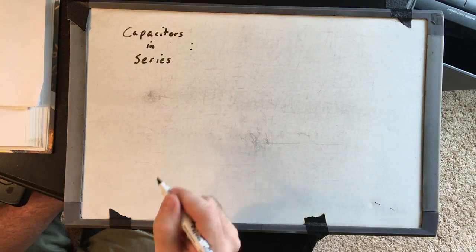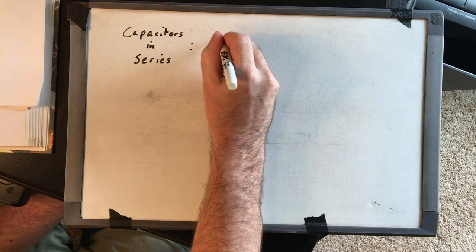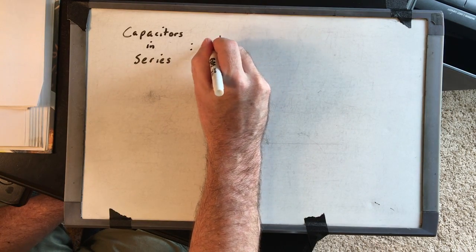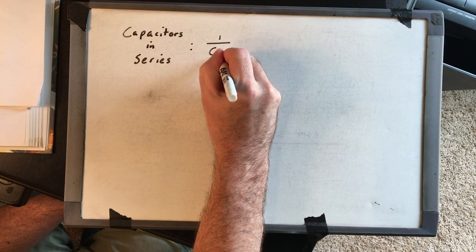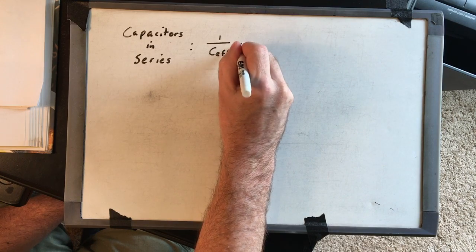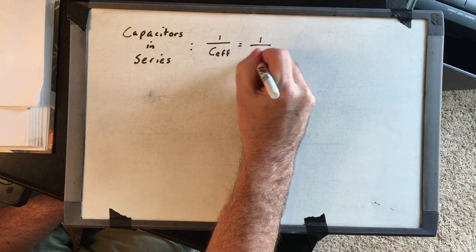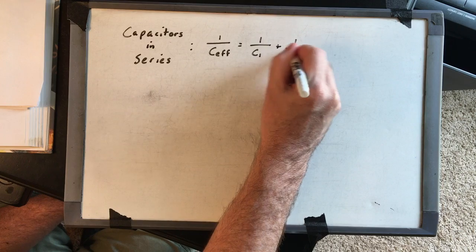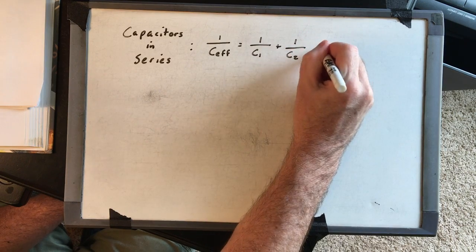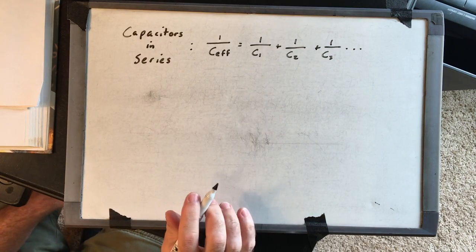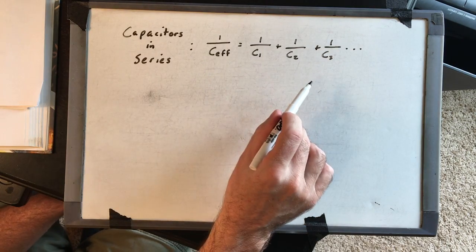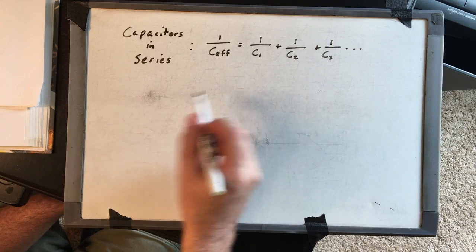How you calculate effective capacitance is the opposite of how you calculate effective resistance. So 1 over the effective capacitance is equal to 1 over C1 plus 1 over C2 plus 1 over C3, and on to however many capacitors in series that you have. So kind of like resistors in parallel.